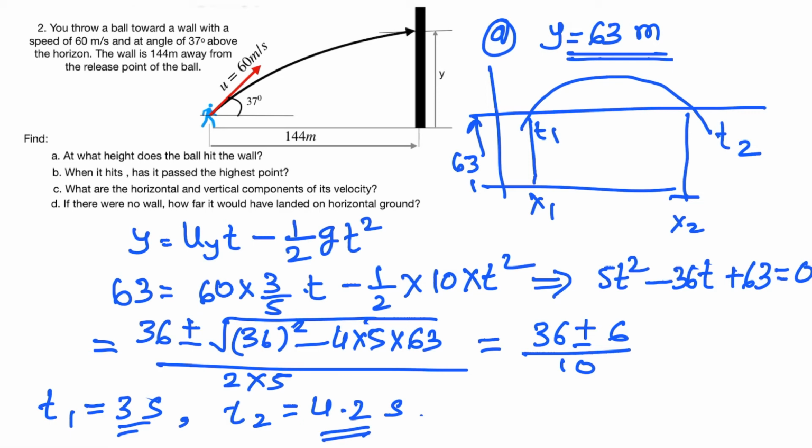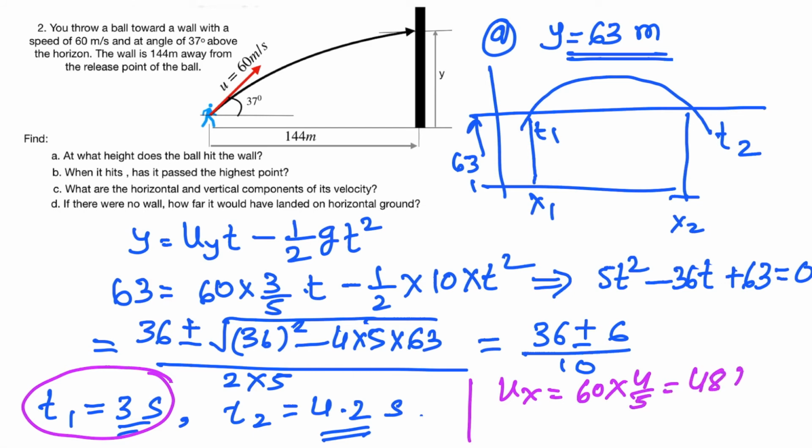So now we have to find out at what time the ball hit the wall. If the ball hits at time t1, 3 seconds, then definitely the ball is before it reaches its highest point. To check this, we have to find out the horizontal distance traveled by the ball during the same time period. The ball's horizontal velocity ux is equal to u cos theta, which is 60 cos 37, and 60 cos 37 is 4 by 5, which is equal to 48 meter per second.